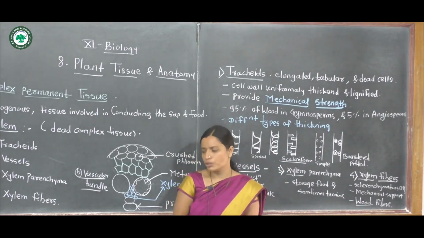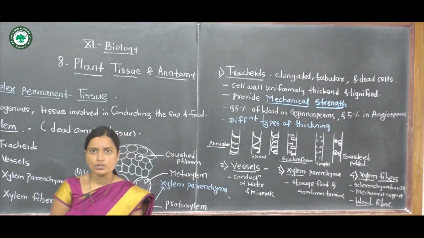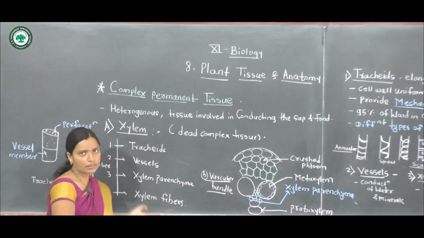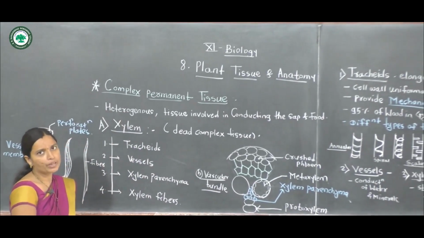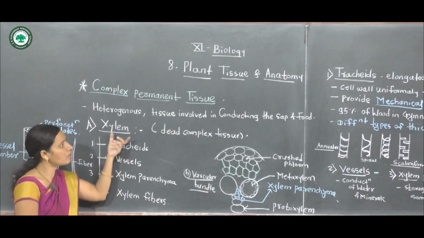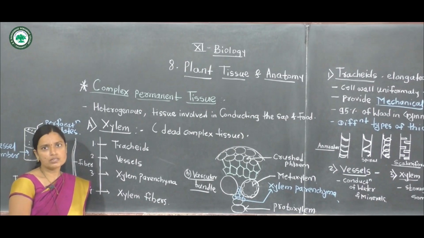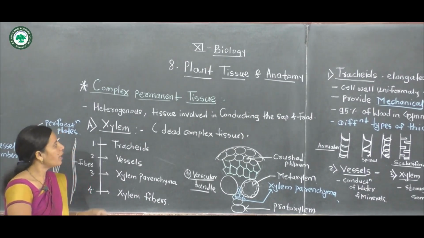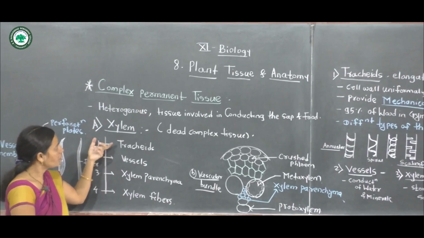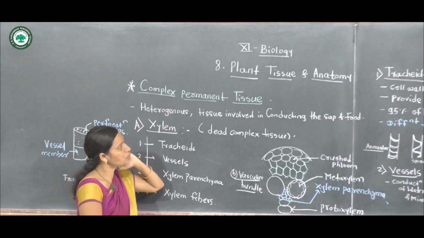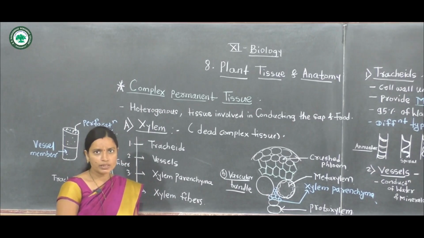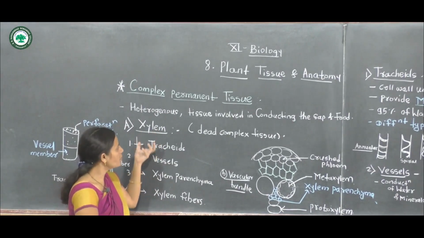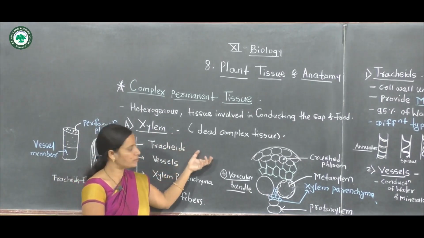These xylem tissues have different types of cells, so they are a heterogeneous tissue, important for conduction of sap, water and food materials. The xylem is the most important dead complex tissue.